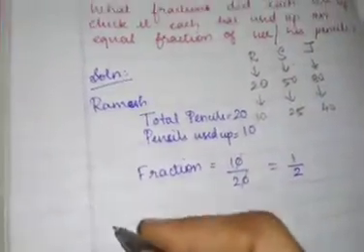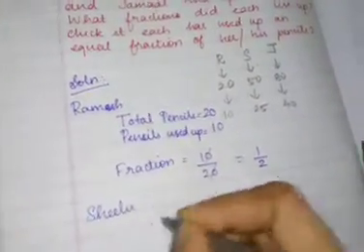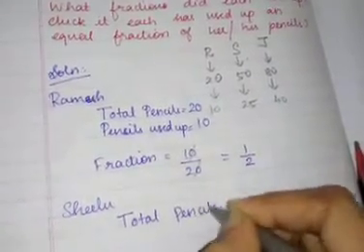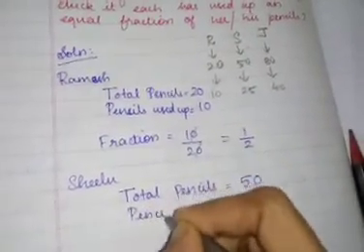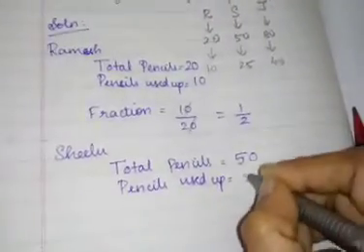Next, what is the next person? Sheelu. Sheelu is having how many pencils? Total pencils that Sheelu has: 50. Then pencils used up. How many pencils has she used? 25.